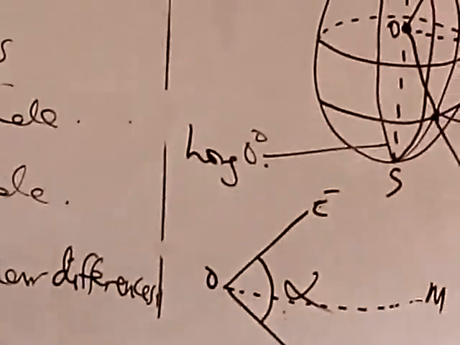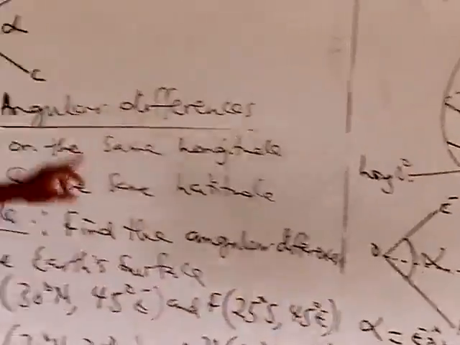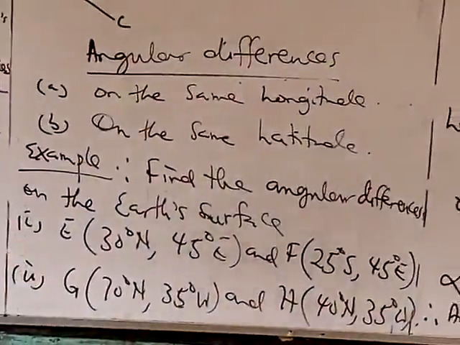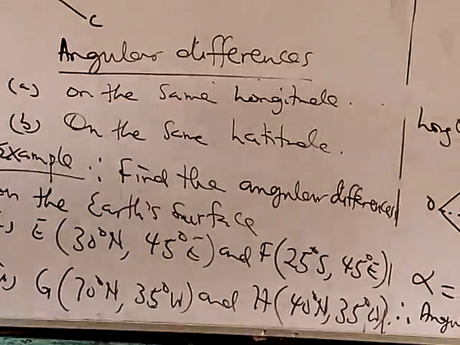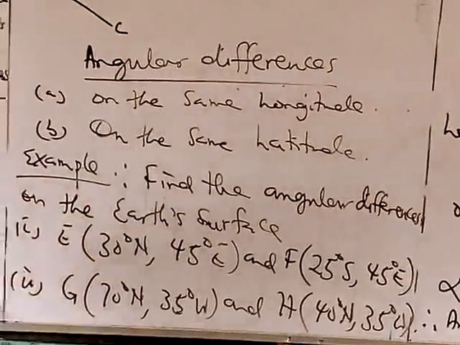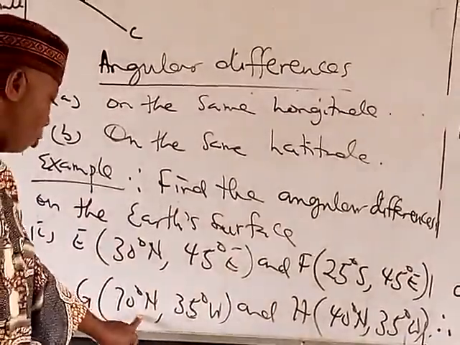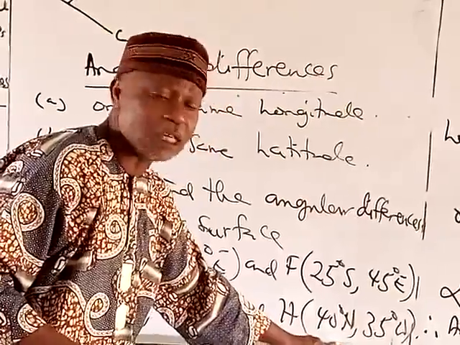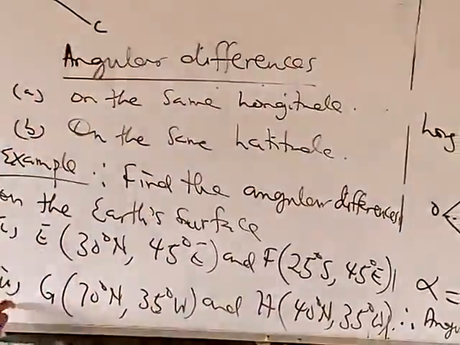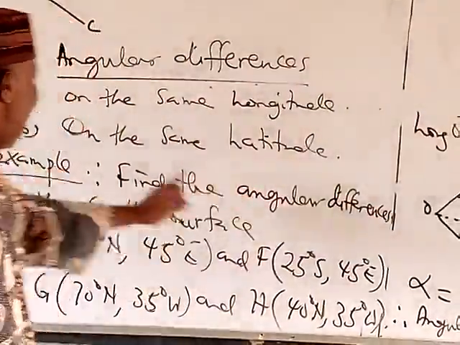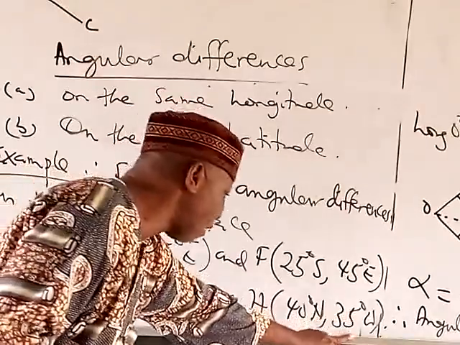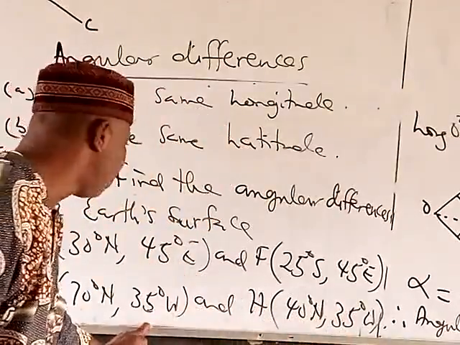Now, if I want to do the angular difference on the same latitude, what I will do, I will change this to be 70 degrees north, and I will change this to 70 degrees north. You know, this particular example 2 is the same thing as angular difference on the same longitude. We have longitude 35 degrees west and 35 degrees west.